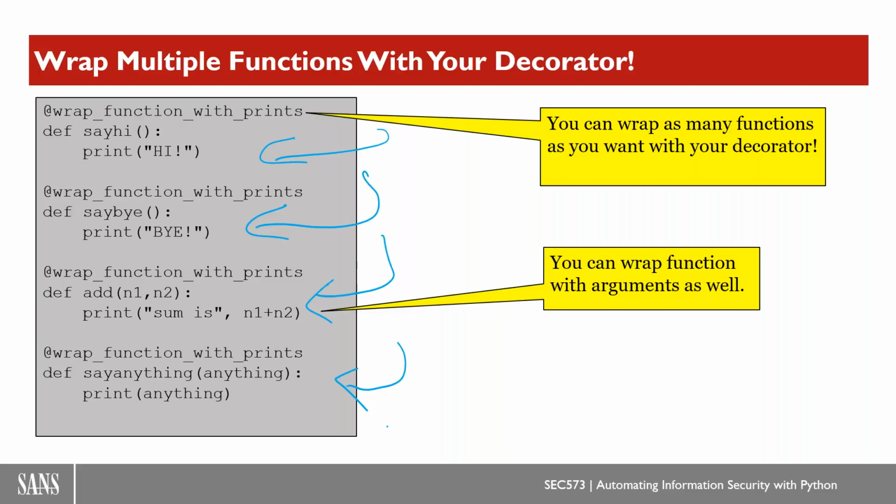So once you've created the decorator, you can simply wrap each of the functions that you want with some code. Makes it very easy when you decide that you want to change doing things before and after all of these functions. I just go back into my wrap functions with prints decorator and change it, and then I've instantly changed what I'm doing before and after all of these different function calls.